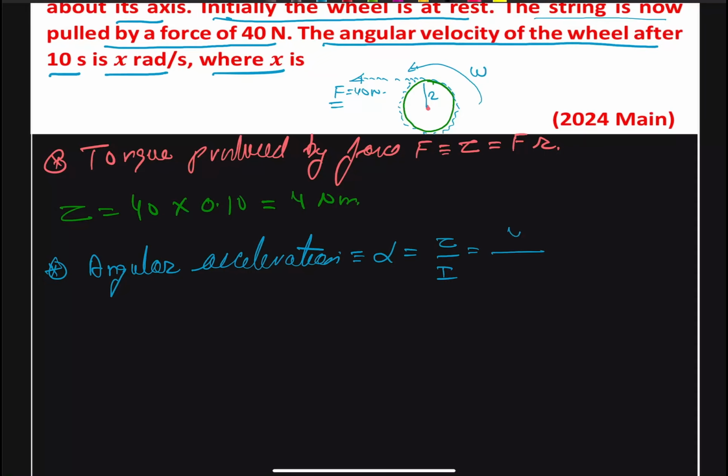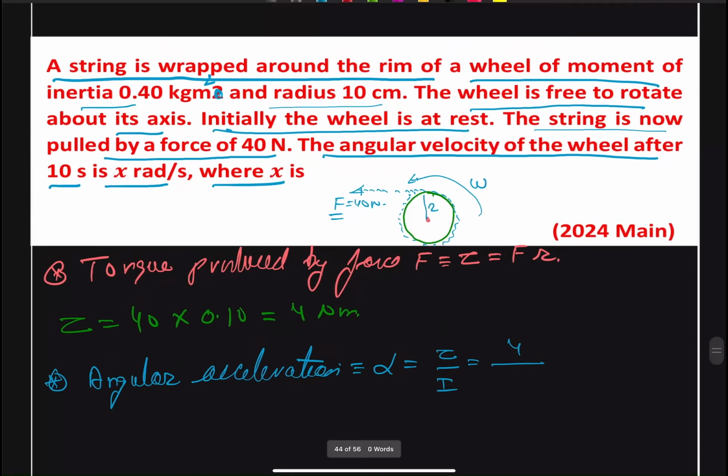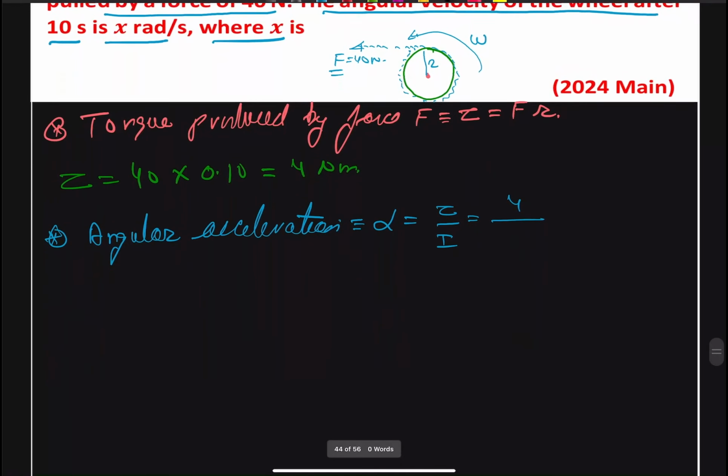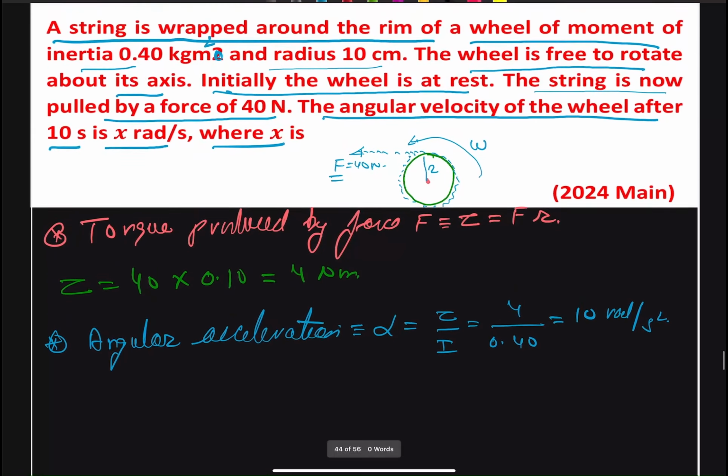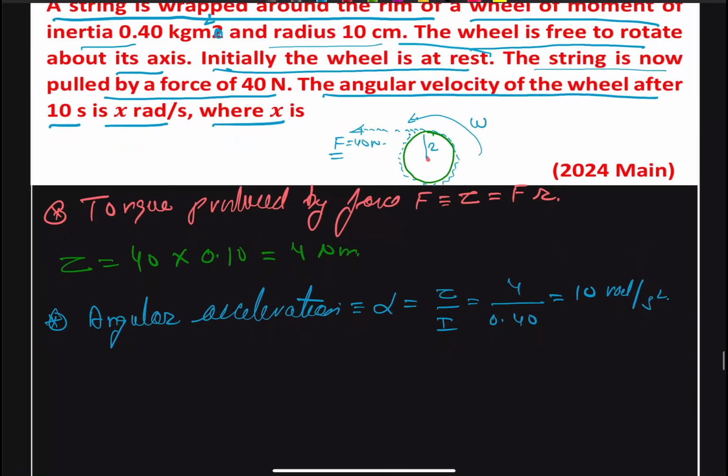Torque is 4 and moment of inertia is given to us as 0.40. So this comes as 10 radian per second square, and it states that the wheel is at rest initially.